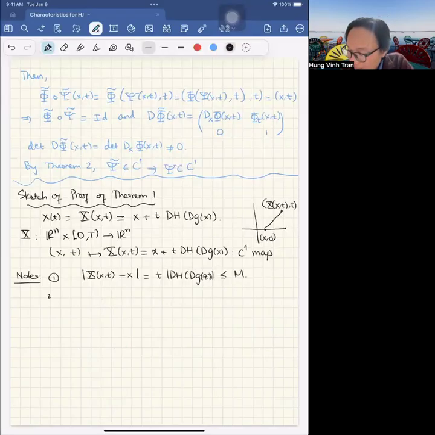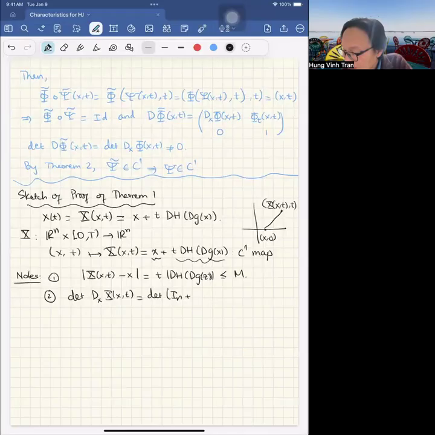The second thing I need to check is the determinant of D_x of capital X of (x,t). You differentiate in x, and this is exactly the determinant of I_n, the first x gives you I_n, plus, for the second term, using the chain rule, t times D squared h of Dg(x) times D squared g at x.